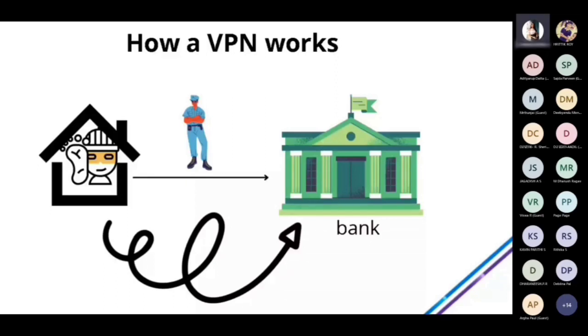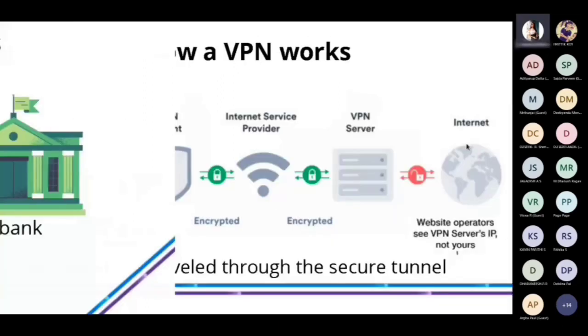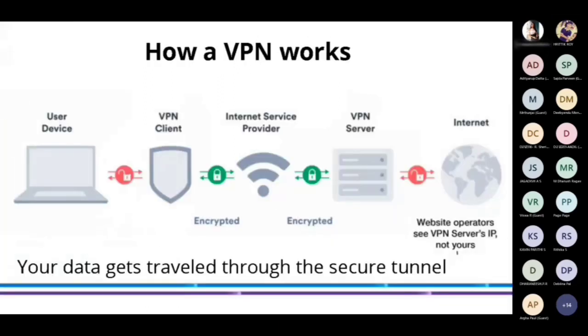Now, let's understand the technical part of VPN. When you use a VPN, a VPN client needs to be installed on your system, be it your laptop or your phone, and this VPN client will establish a tunnel which is totally encrypted. This is then connected to the VPN server, which you can think of as a computer located somewhere on the internet.